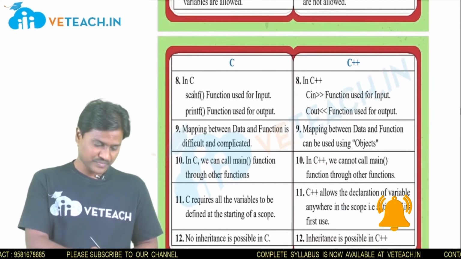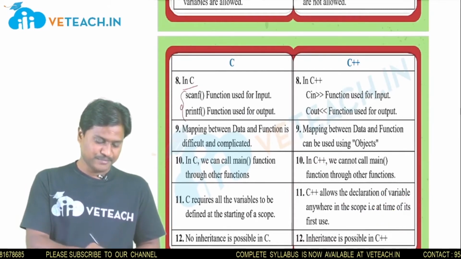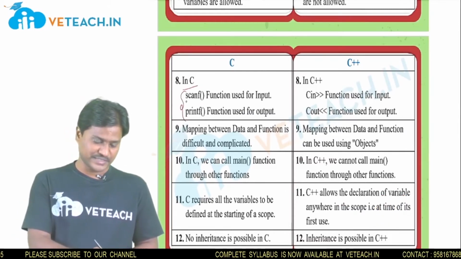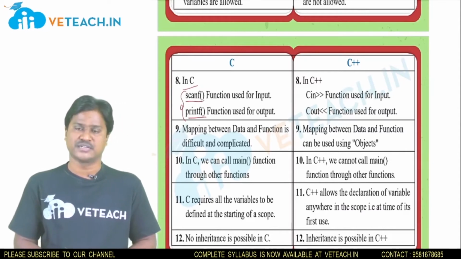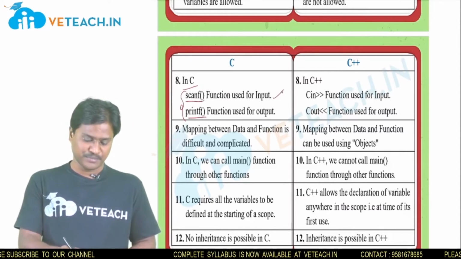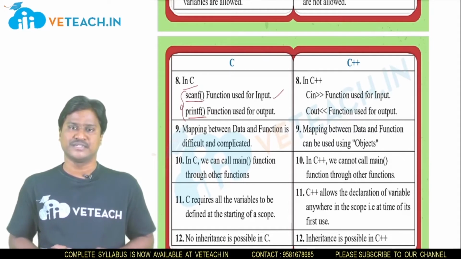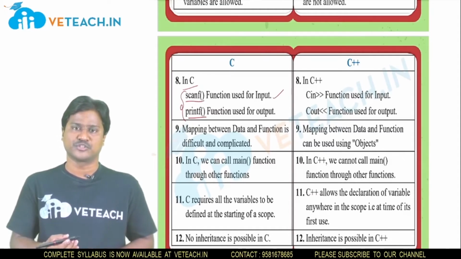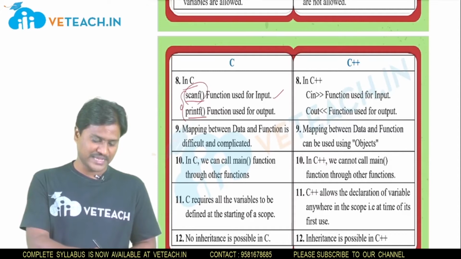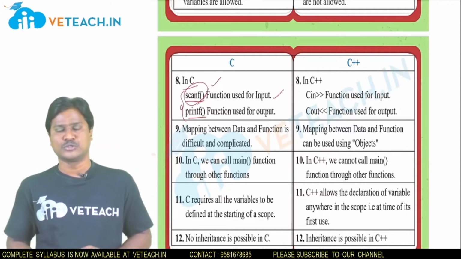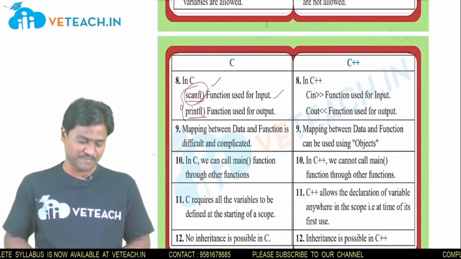Next one, in C, for input and output operations, the scanf and printf functions are used. Input means we are giving data from the keyboard to the computer program, so we use the scanf function, and everyone knows how to use scanf in a program.